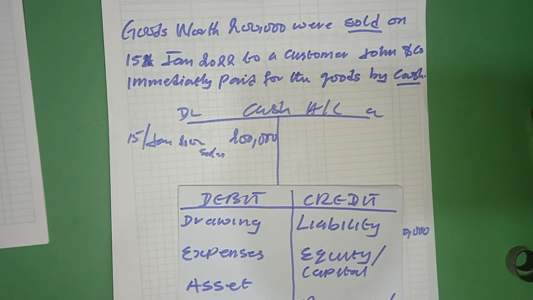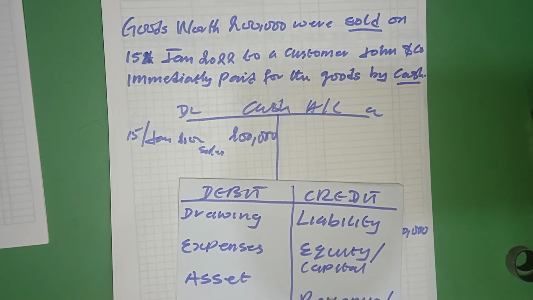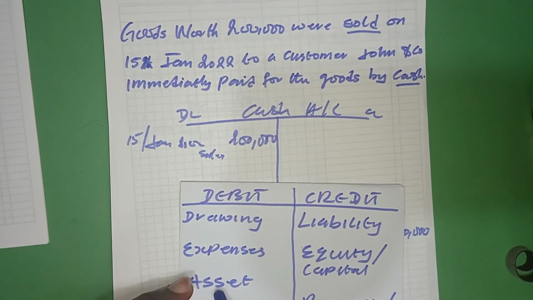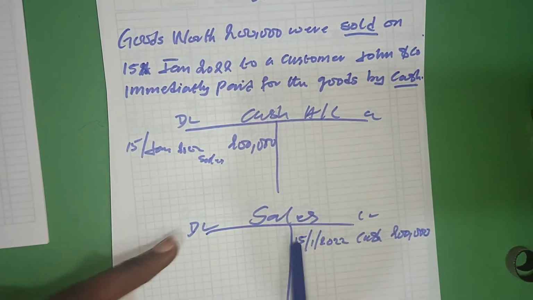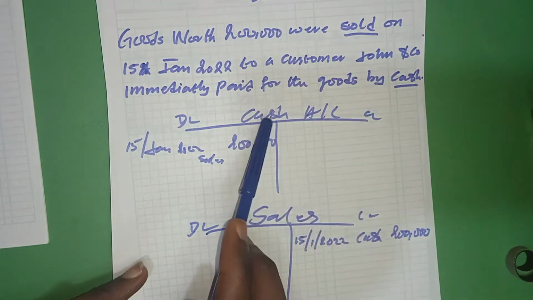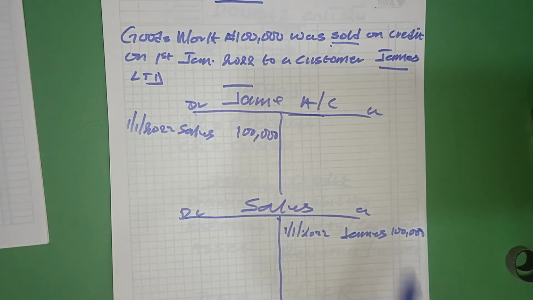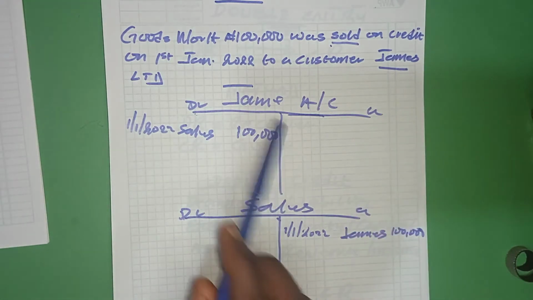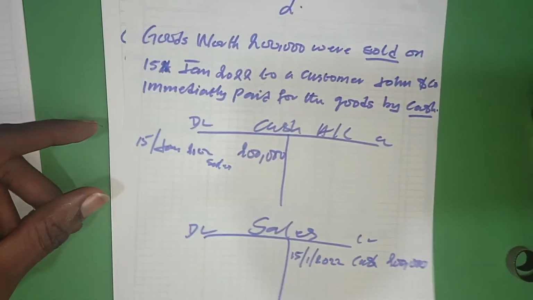Revenue, when you generate money, is credit. Those are their origins. So you debit and you credit, and that is all. You understand? Mind you, this one is on cash. That's why we are not putting the name of Mr. John, because he paid, while the previous one was on credit, and that's why we're putting Mr. James to remind us that he is owing us.